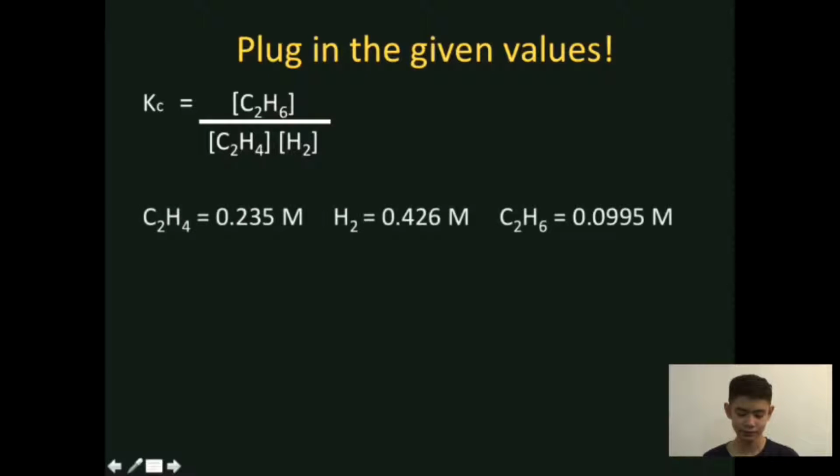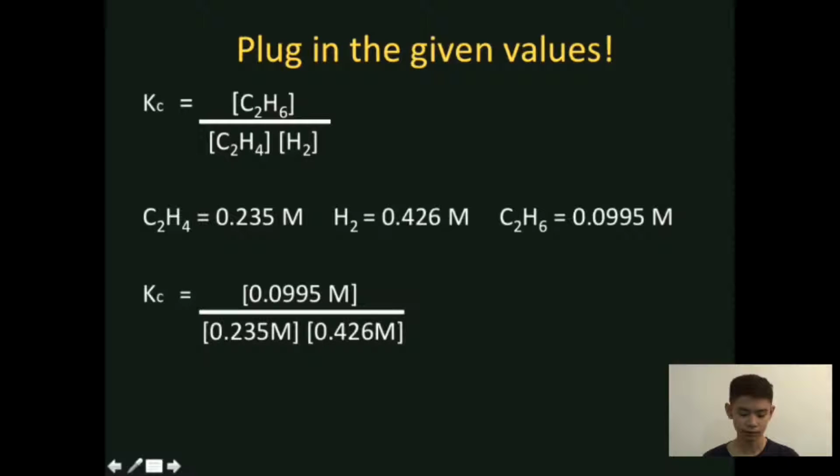Here, in the case of this equation, it will be written as ethane all over the product of ethene and the hydrogen gas. Because there are no coefficients in this equation, we do not have to write any exponents and we only have to simply multiply and divide as usual.